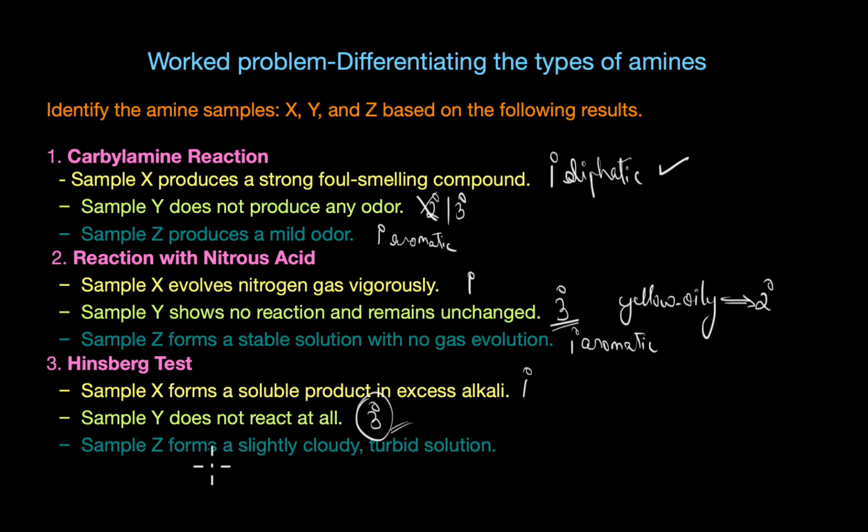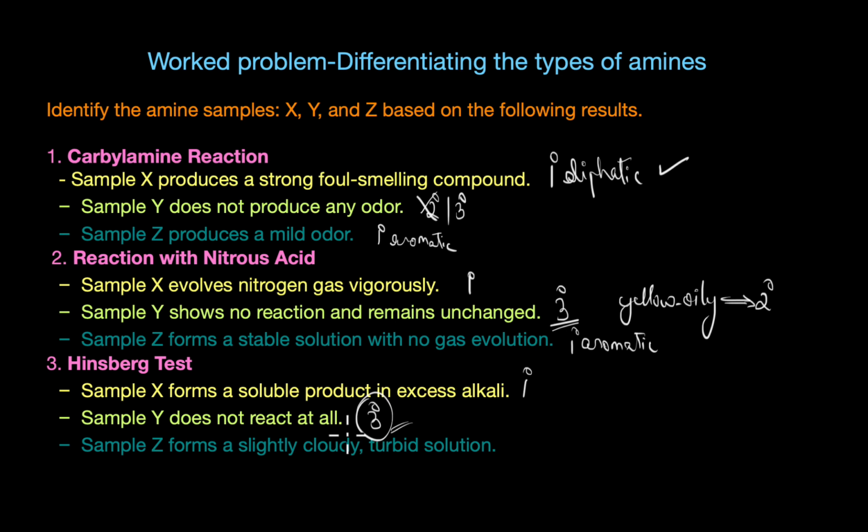And lastly, Z forms a slightly cloudy and slightly turbid solution. Now this is interesting because the formation of a slightly turbid solution means poor solubility. It means that the amine is not completely soluble. Amine is not able to completely dissolve in excess alkali.